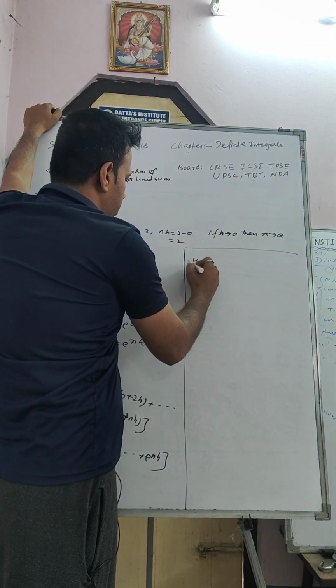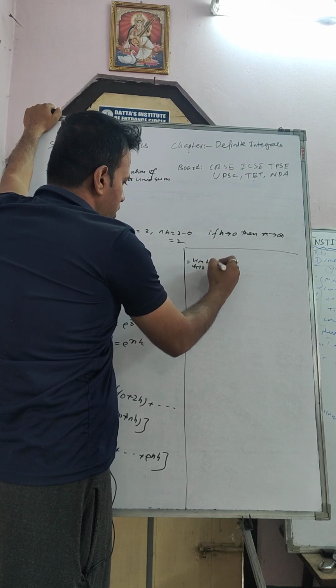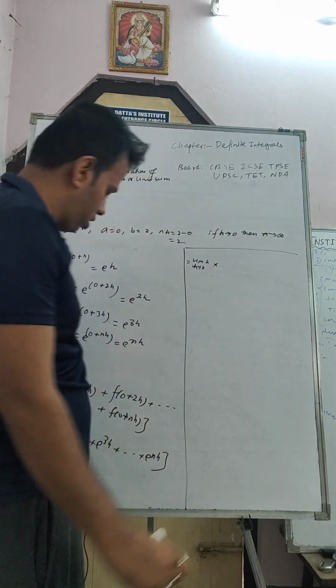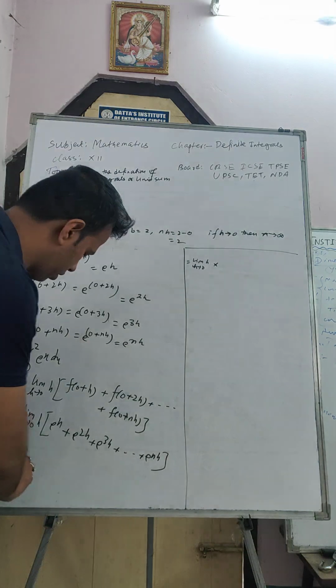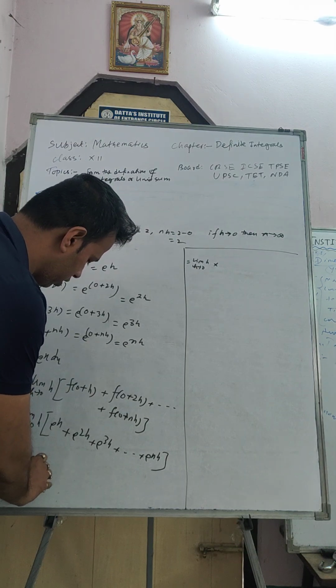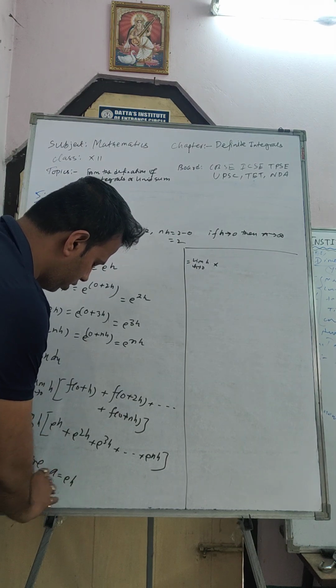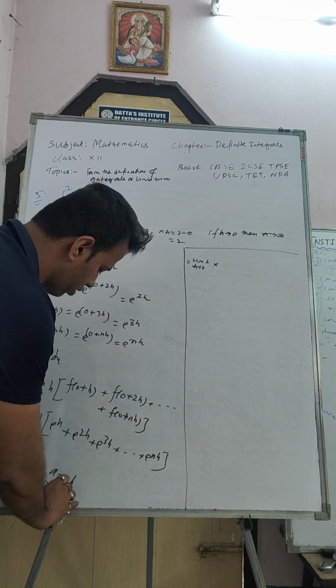Now come here: limit h tends to 0 of h into this series. It is in the form of a geometric progression, GP. Look here: a is e to the power h and r is also e to the power h.